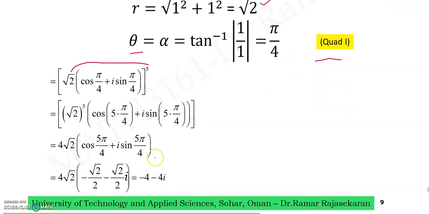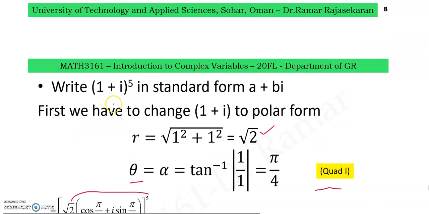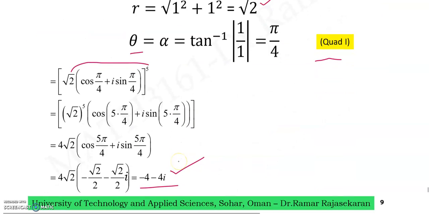You can see the value in the calculator; keep your calculator in radian mode. If you distribute 4 root 2 inside, this is your answer for 1 plus i whole to the power 5 by using de Moivre's theorem.